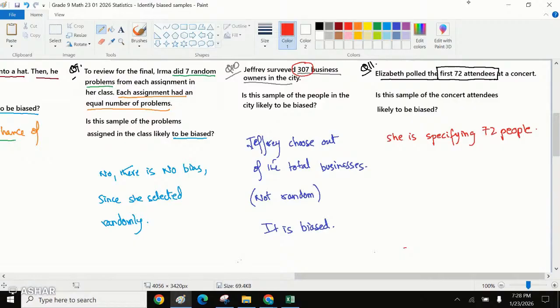If she would have taken 72 names and out of those 72 names, she would have randomly selected maybe 10, then this would not be biased. So this would be biased because she took the first 72, and the first 72 might have a very different opinion than the remaining people that are attending. So we say that yes, this is a bias because random selection was not done.